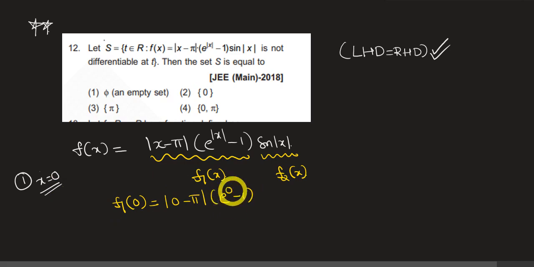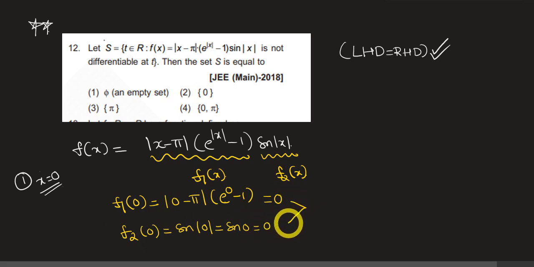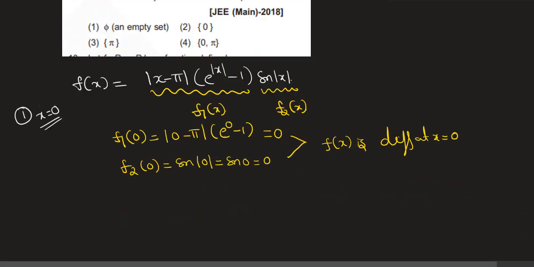E to the power of 0 is 1, and 1 minus 1 comes out to be 0. Similarly, f2 of 0 is sine of modulus of 0, and we know sine 0 is equal to 0. So if both are equal to 0, as per our trick, f of x is differentiable at x is equal to 0.